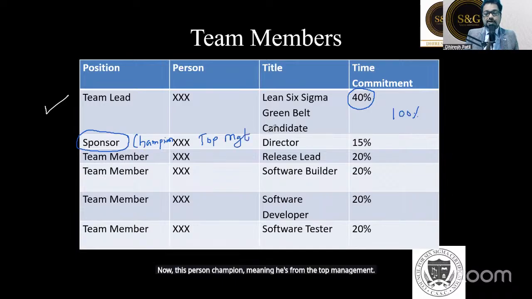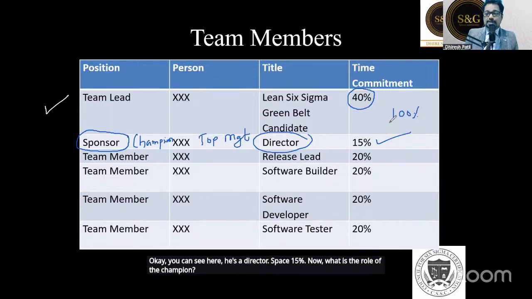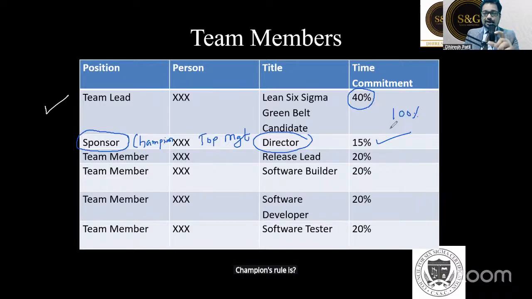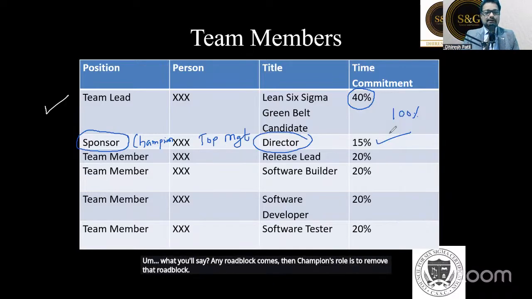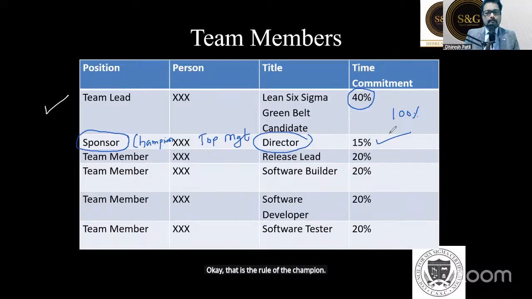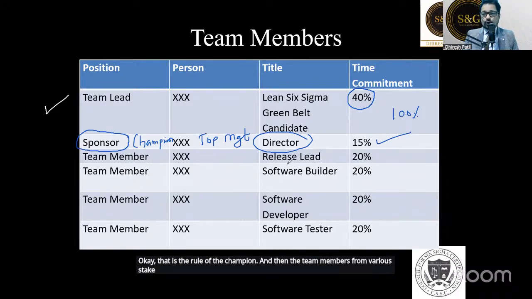You can see here he's a director and spends 15%. The champion's role is to provide the resources and the support, and if any roadblock comes, the champion's role is to remove that roadblock. And then the team members from various stakeholders. You remember stakeholder management?